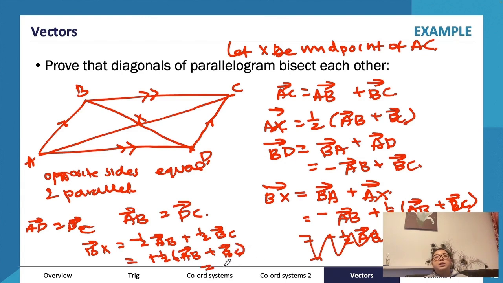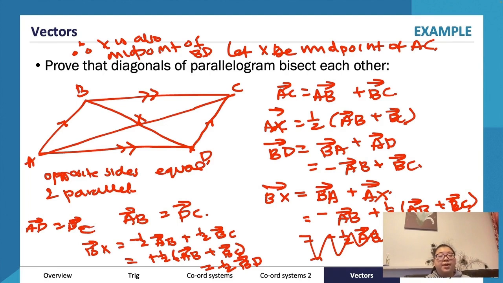So essentially it's just going to be 1/2 of our BD. So therefore X is also the midpoint of BD. So we can say that the diagonals of the parallelogram bisect each other, because the midpoint of that one was the midpoint of that one as well.